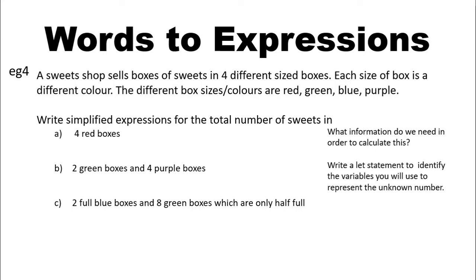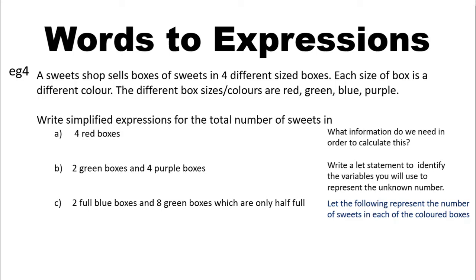So let's make our let statements to identify the variables, that is the letters that we're going to use to represent the unknown numbers. So the unknown number of sweets in a red box, green box, blue box, and purple box. Make sure your let statements are clear. So full sentences, please. Let the following represent the number of sweets in each of these colored boxes.